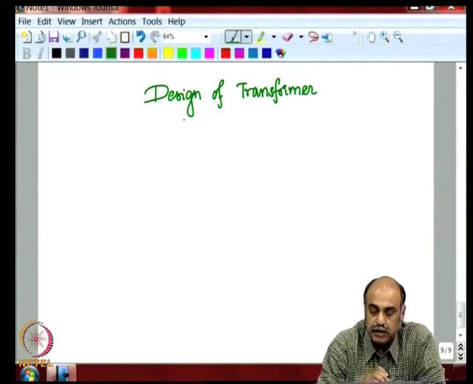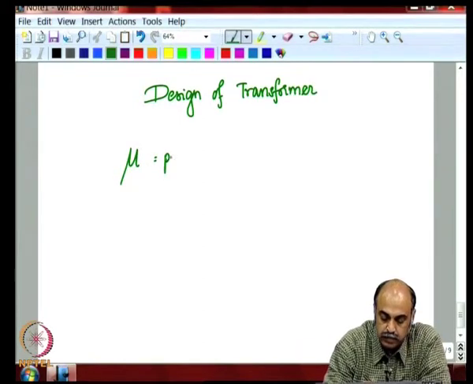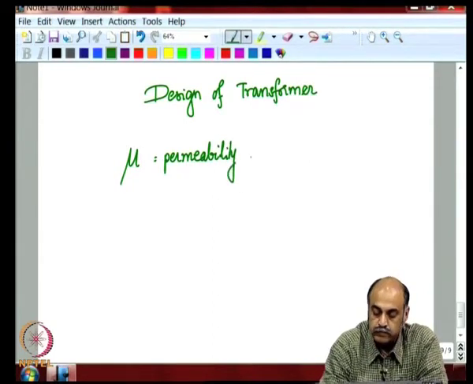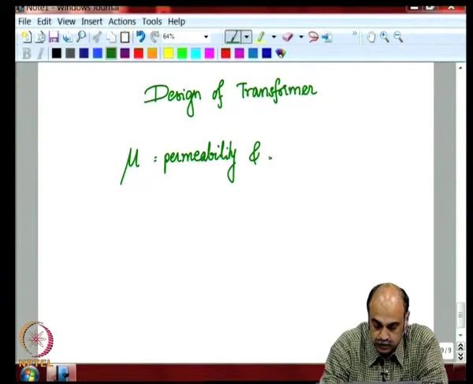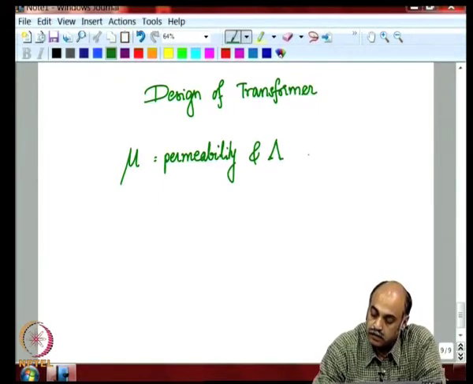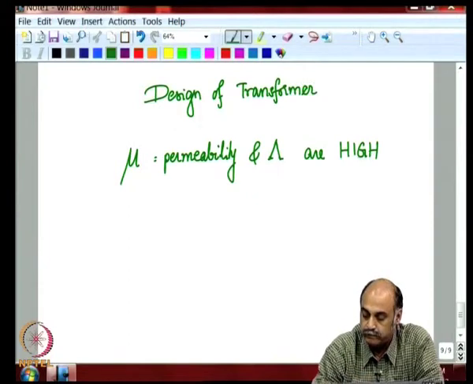Hence, the permeability mu, and hence the permeance, are required to be high.